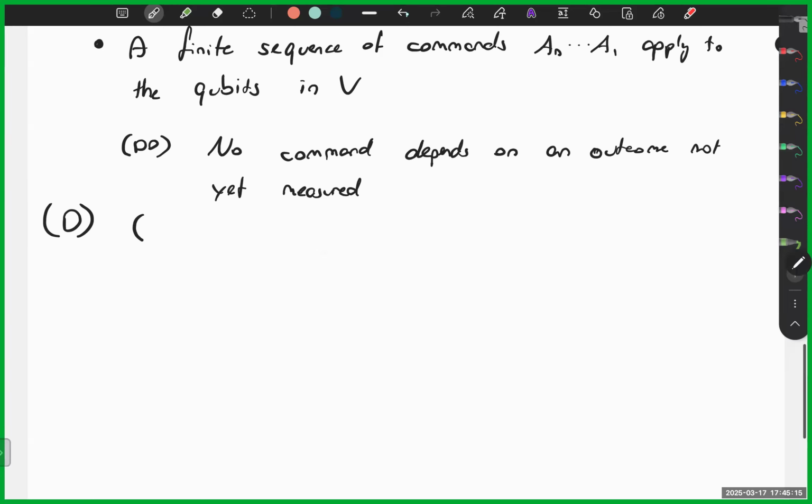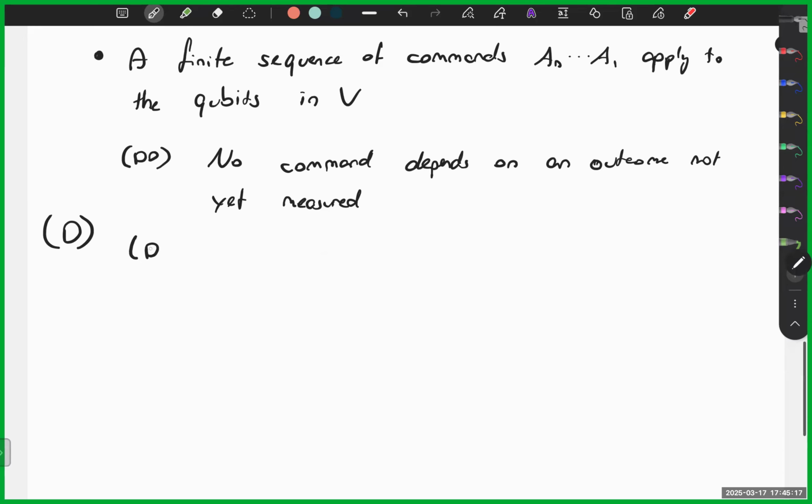So the other one is, since we assumed destructive measurements, the restriction that no command acts on an already measured qubit.